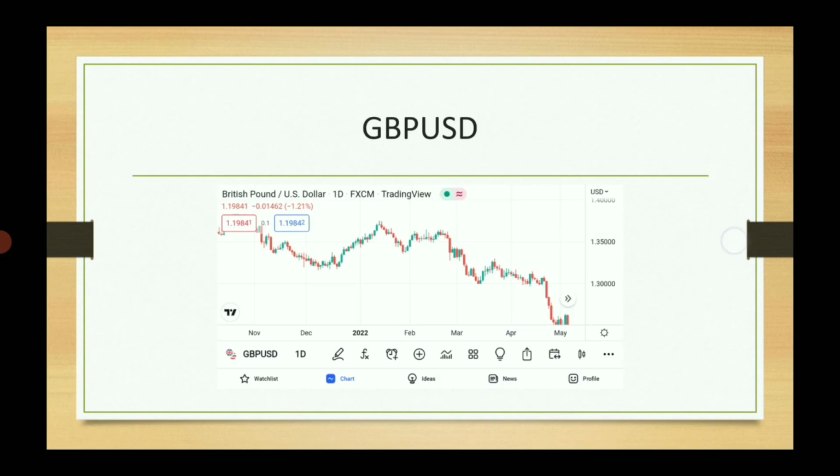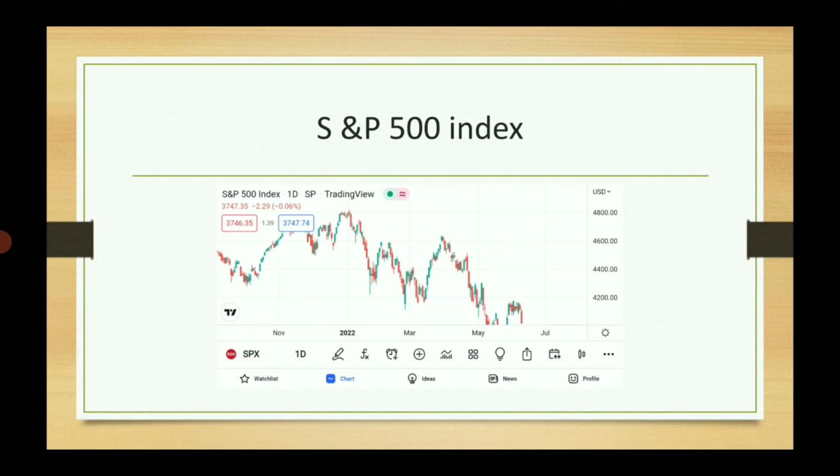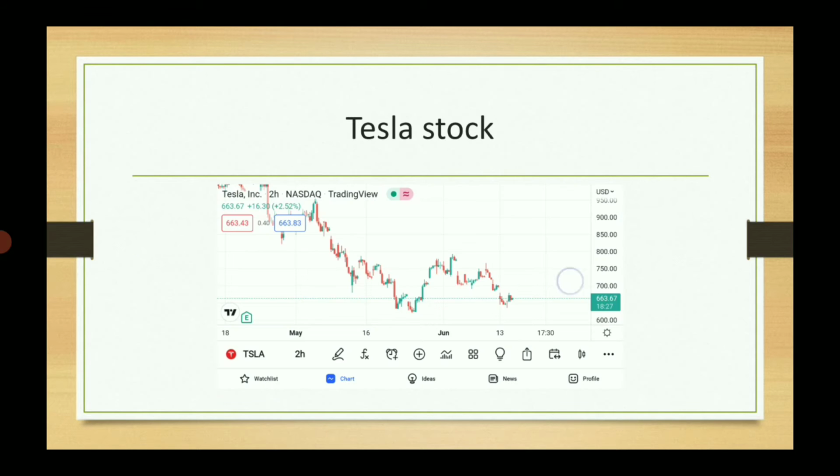They are affected by supply and demand, which is in our day-to-day life, and without that supply and demand, these markets wouldn't be moving. They are also affected by liquidity.